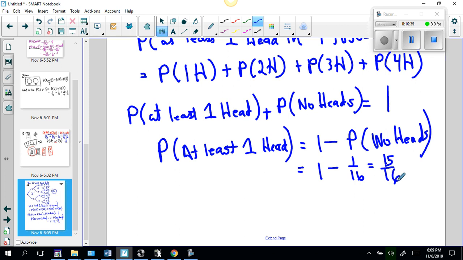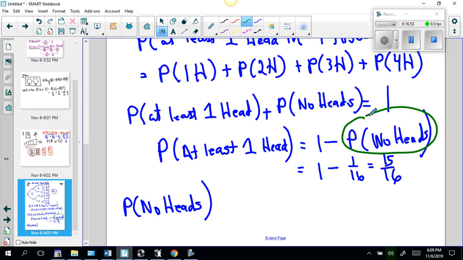But yet the book goes on, and they go, what's the probability of no heads? So they start focusing on this thing, and they're trying to get all theoretical here.